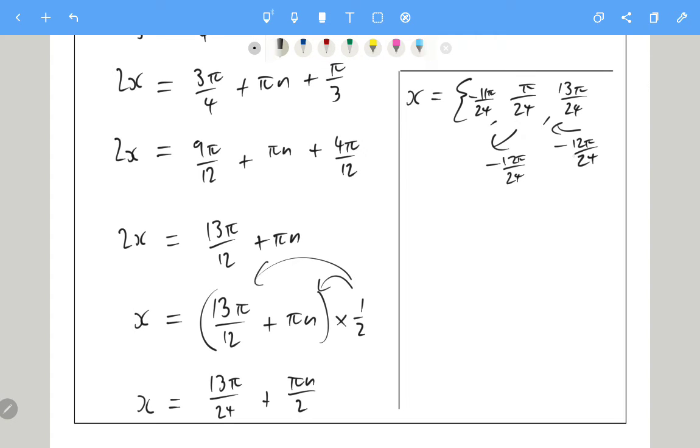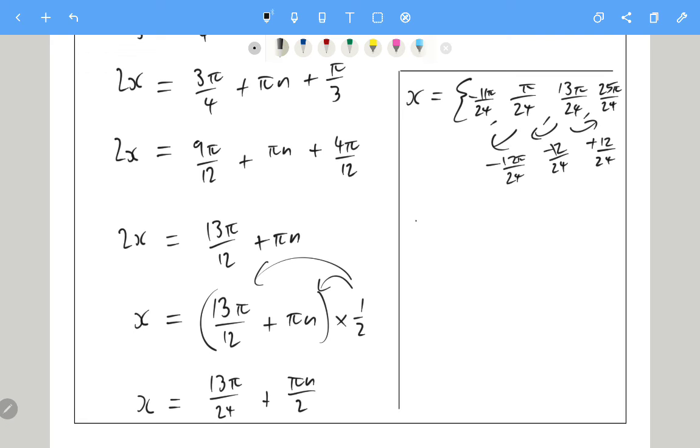I've gone to the left as far as I can, because I don't want negative solutions. Now I want to start going to the right. So I'd be adding 12 pi on 24, which will give me 25 pi on 24.